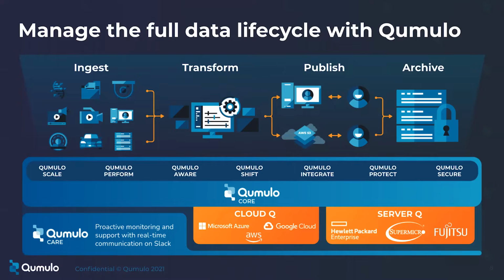Our software is encrypted by default, no matter where you run it, as well as it offers features like RBAC, really rich permissions models, and of course, auditing and logging. Qumulo Core runs in the cloud on Cloud Q, which runs on Azure, AWS, and Google Cloud, and it runs in your data center on HPE, Supermicro, and Fujitsu, and we call that Server Q.